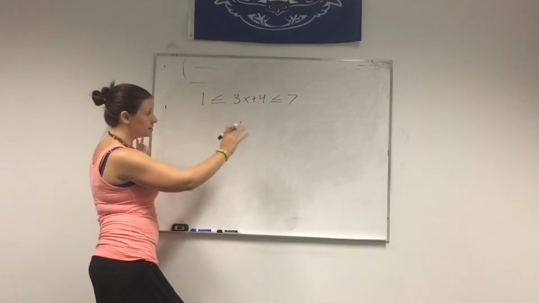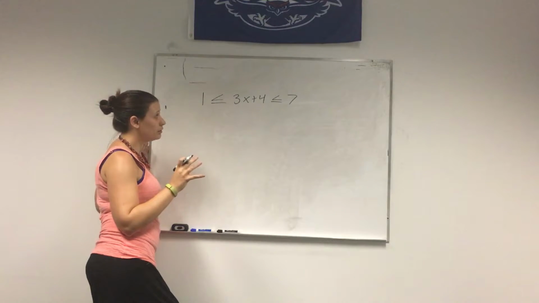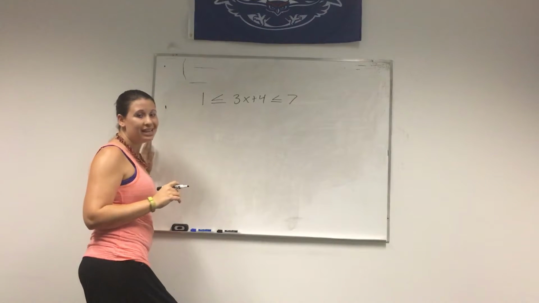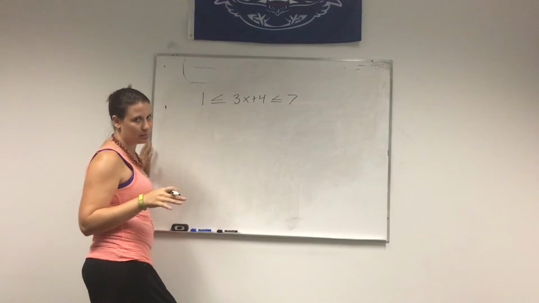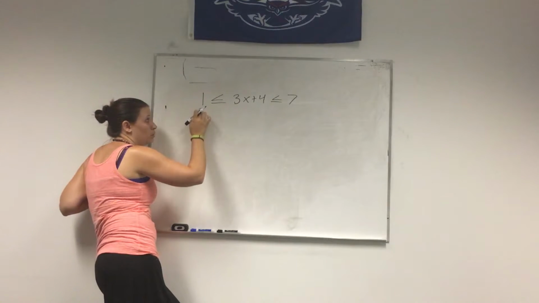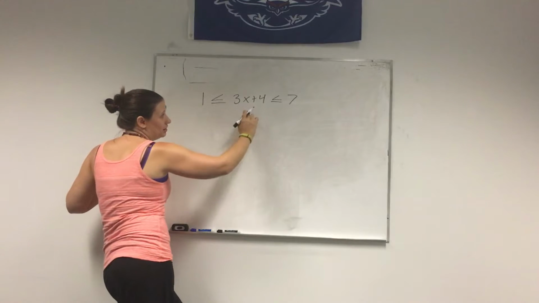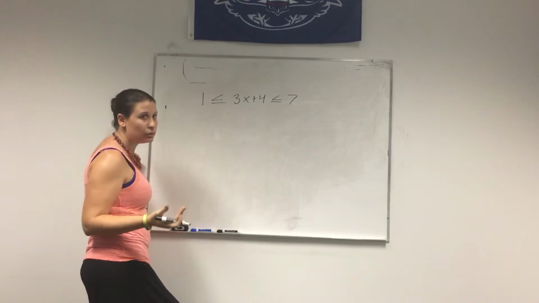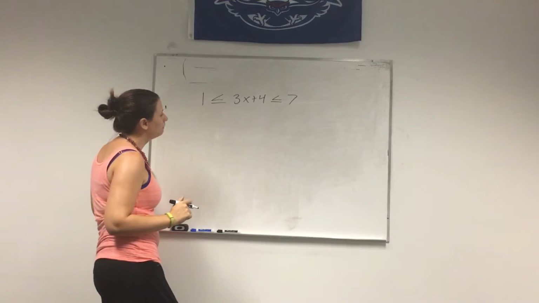But when it's given as one set piece, just three sides, it's an and. This always has to be an and, because the middle is both greater than or equal to 1 and less than or equal to 7. So it's kind of mixed into how you say it even.